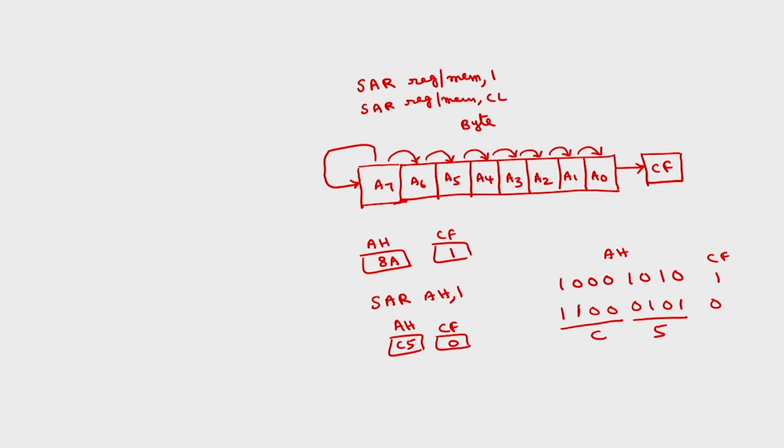The only difference is that instead of inserting zeros as in the left operation, in the shift right operation the same MSB bit will be copied. That is the difference between shift left and shift right operations. So there are 4 shift operations, 2 shift left, 2 shift right, for 1 bit position or multiple bit positions.